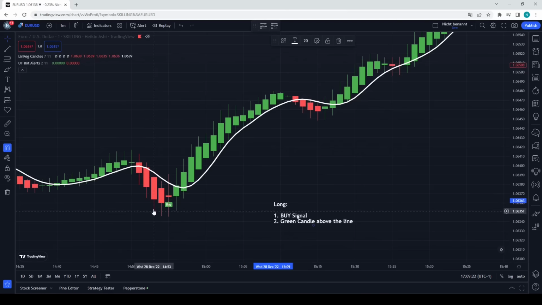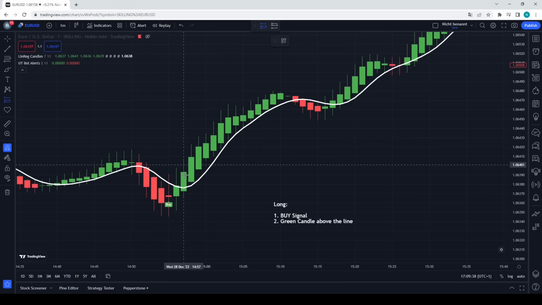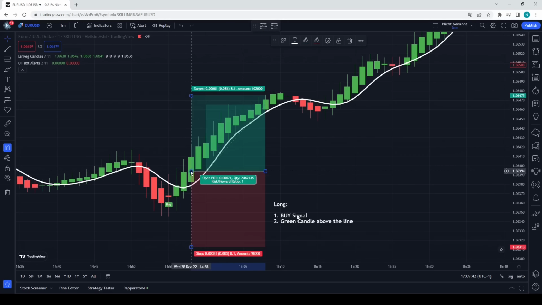As you can see here, we get a buy signal and the chart is turning around. We get the first green candle, but it isn't closing above the line, or only very, very close above it. But we take the second one, as this one is closing definitely above. So here we enter our trade.